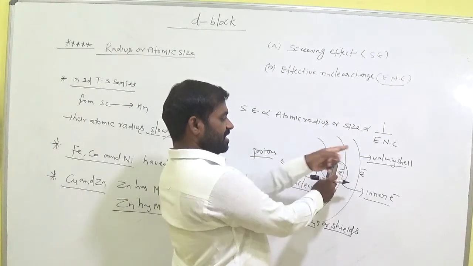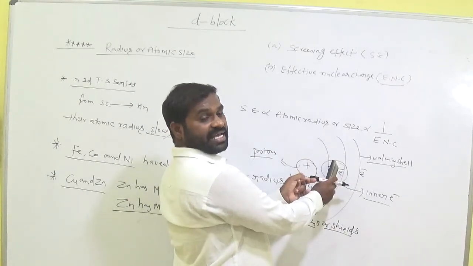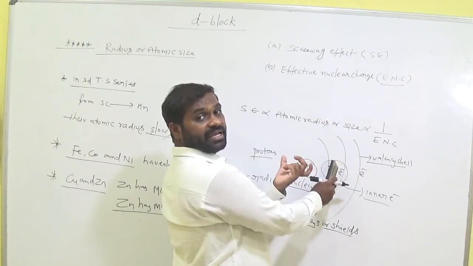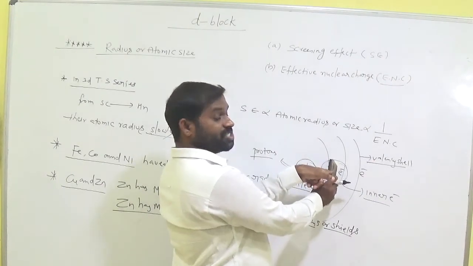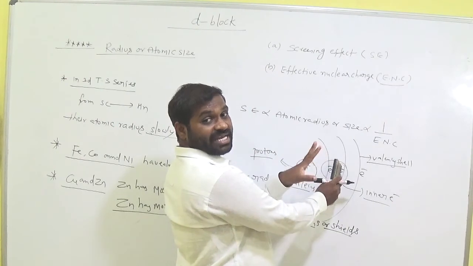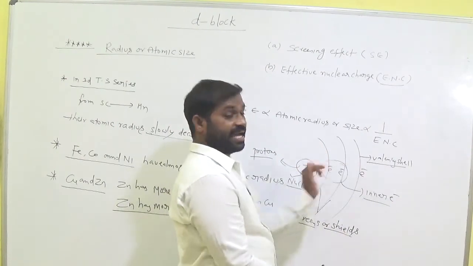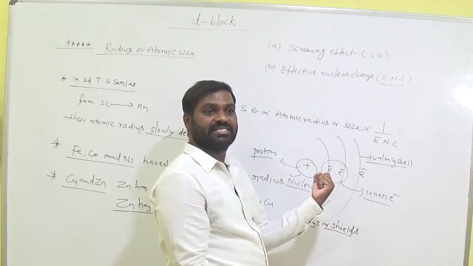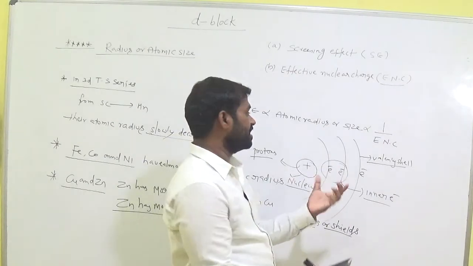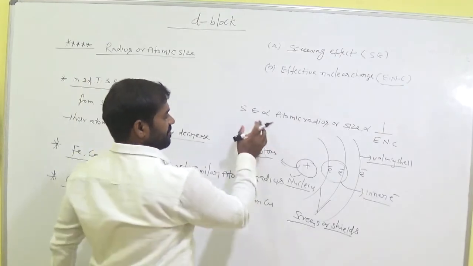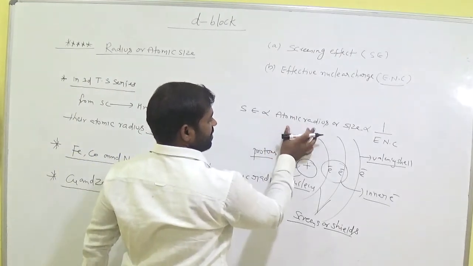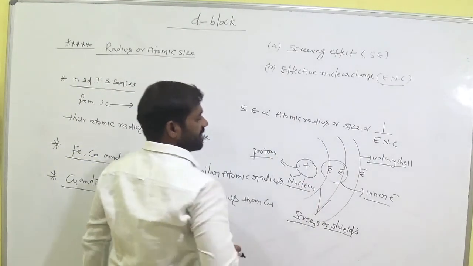Attraction between the valence electrons and the nucleus is very less. If there is a very poor shielding effect, meaning they do not act as a good screen, then attraction is very high, and size decreases. That is the screening effect. So this is the relation between screening effect, atomic radius and effective nuclear charge.